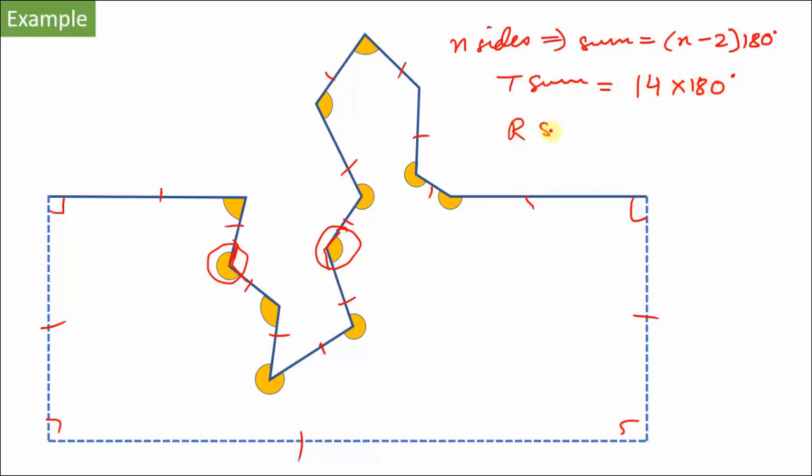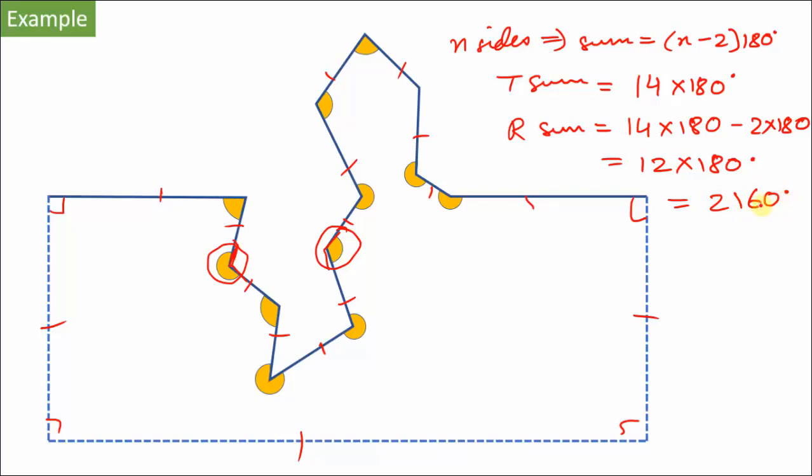And the required sum will be this total sum minus 4 extra right angles, 4 into 90 degrees, that is 2 into 180 degrees. So 14 into 180 minus 2 into 180 will be 12 into 180 degrees. 12 into 18 is 216, so 2160 degrees.